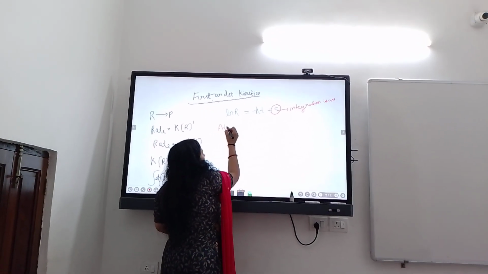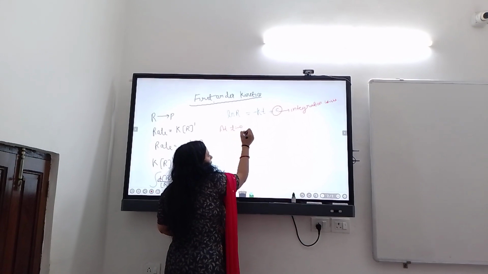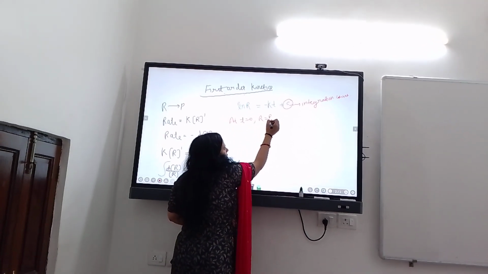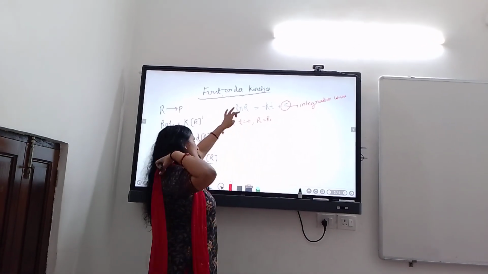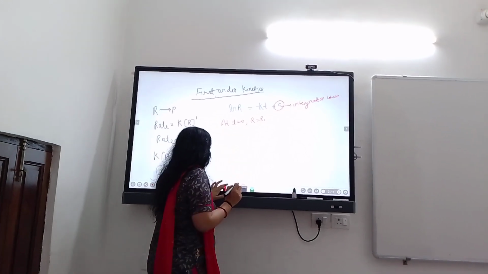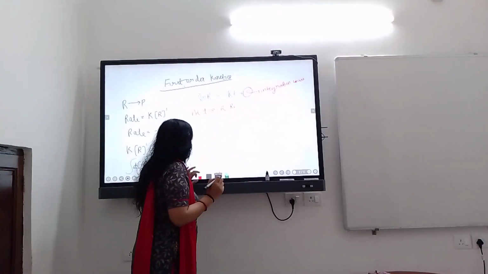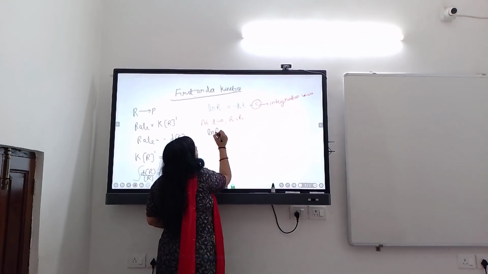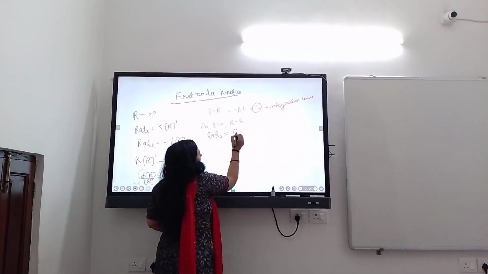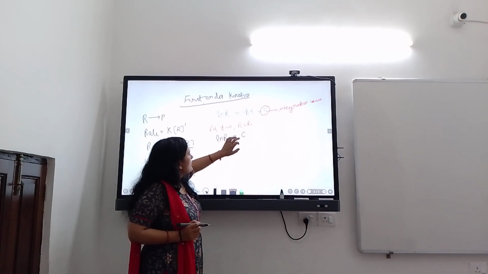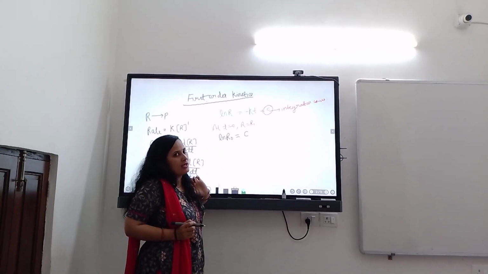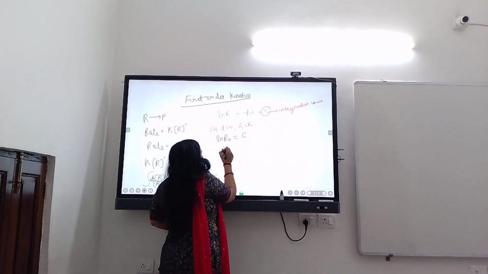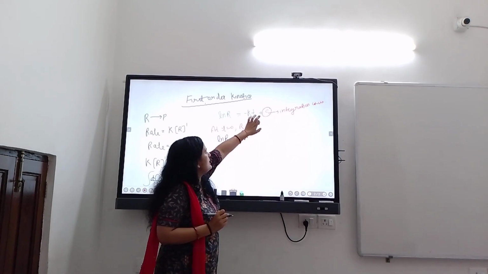At time t is equal to 0, R will be equal to R0. Now we will put these values in this equation. By putting these values, ln R0 will be equal to c. Now we find out the value of c, that is equal to ln R0.